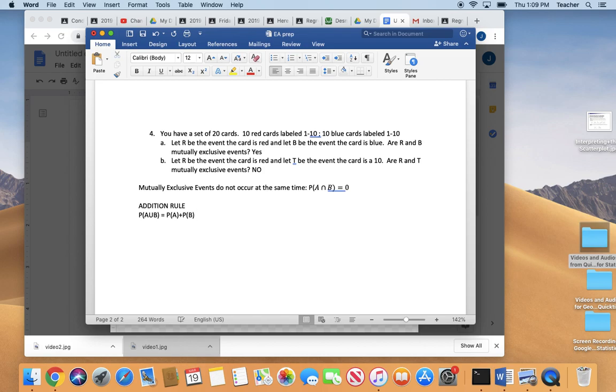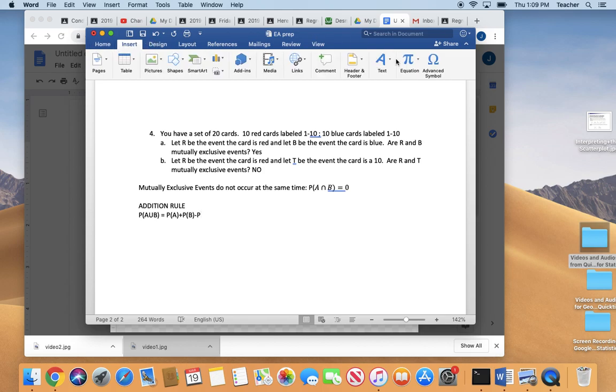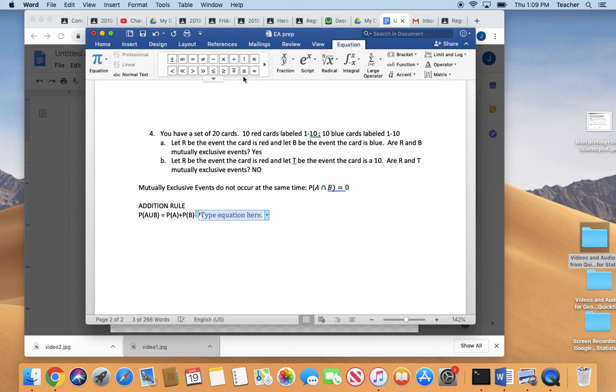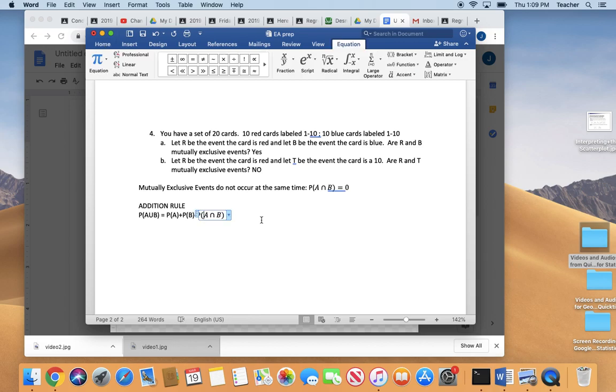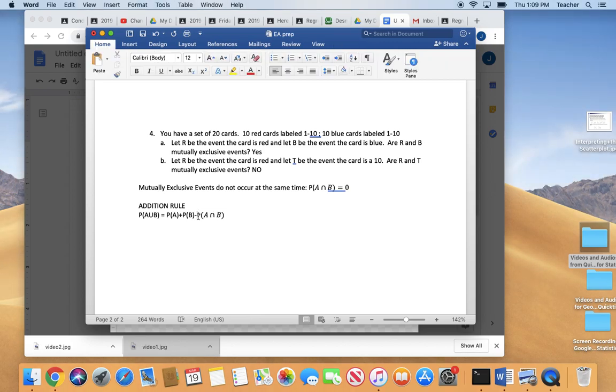So you would have probability of A plus probability of B minus the probability of both. So let me make sure you can see this minus sign a little bit better. So addition rule, probability A or B equals probability of A plus probability of B minus the probability of both.